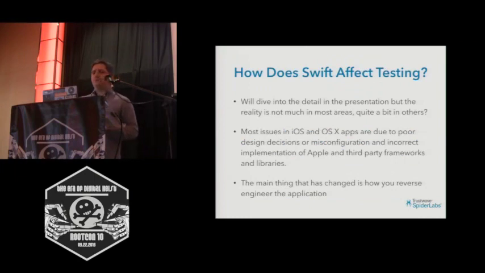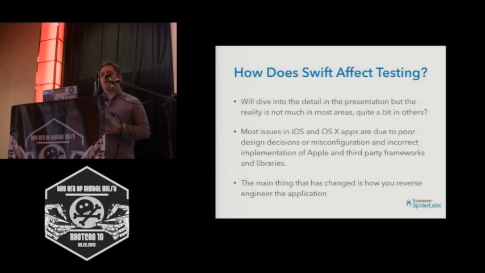Cool. So how does Swift affect testing mobile apps? I'll dive into detail in the presentation, but the reality is that in most areas it doesn't really affect it all that much. Most issues that you would come across on an iOS or OS X pen test are really due to poor design decisions and misconfiguration of the various frameworks, both made by Apple and third parties.